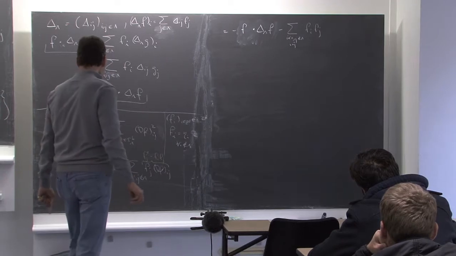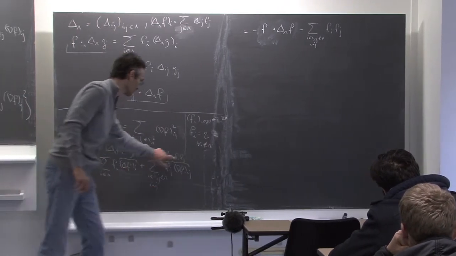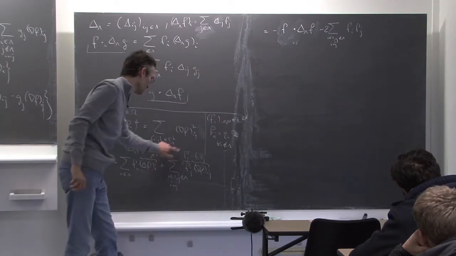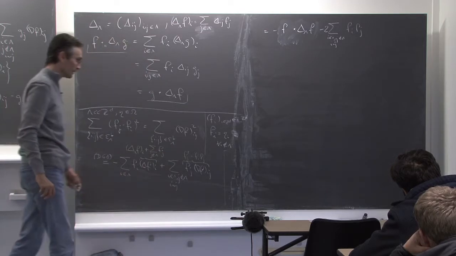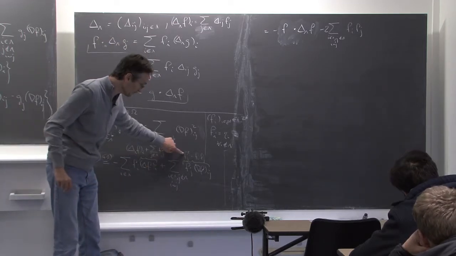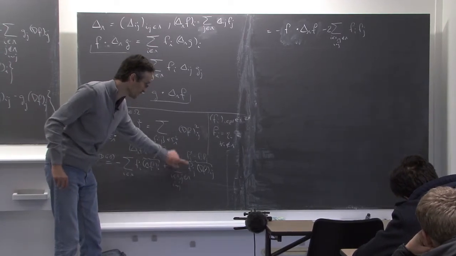I'm not super happy with this. Yes, no, it's okay. Here with a minus sign, here is also with a minus sign, so I get a minus 2. And then I still get a term with f_j squared. But this last term only depends on the value of f outside lambda, because it is the sum over all j which are not in lambda of f_j squared.